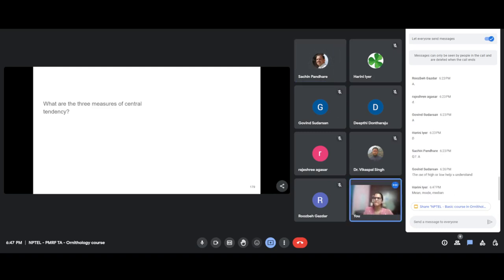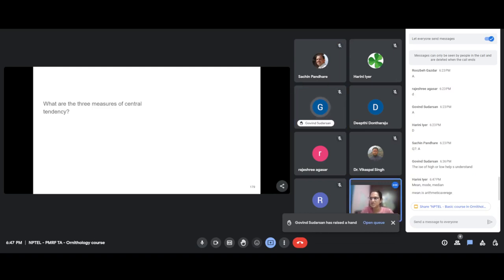Right, and what is exactly mean, median, mode? Mean is the normal average. Vikas, do you want to have a go at it? Yes, ma'am.